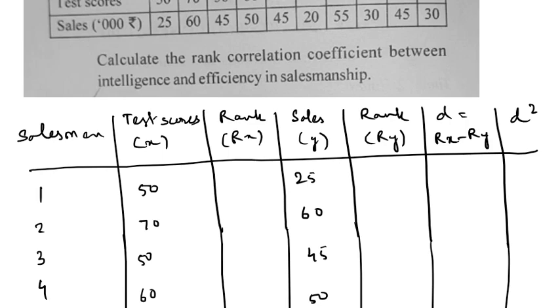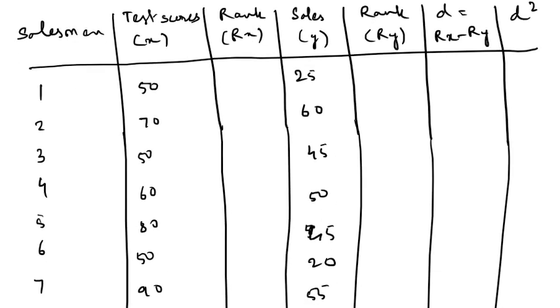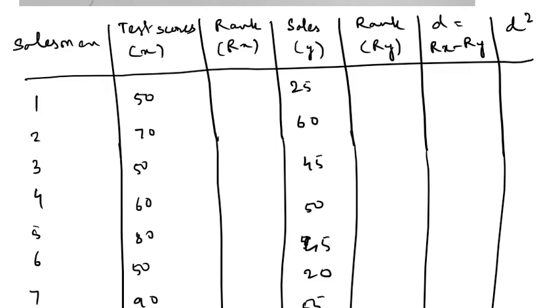Now let's give the rank. First is your 90. The 7th salesman scored 90. This is the maximum score, so we define it as 1.